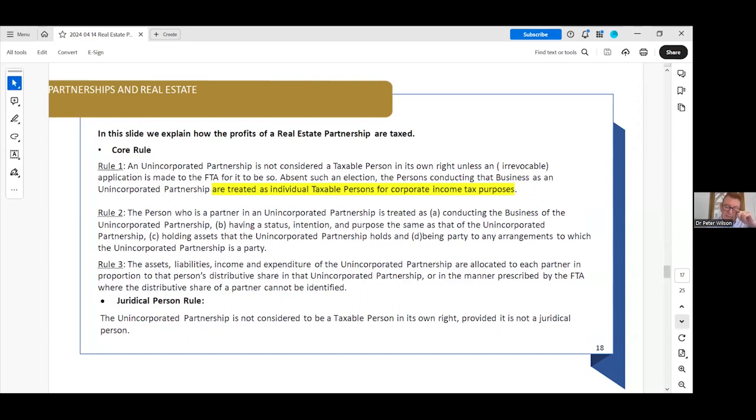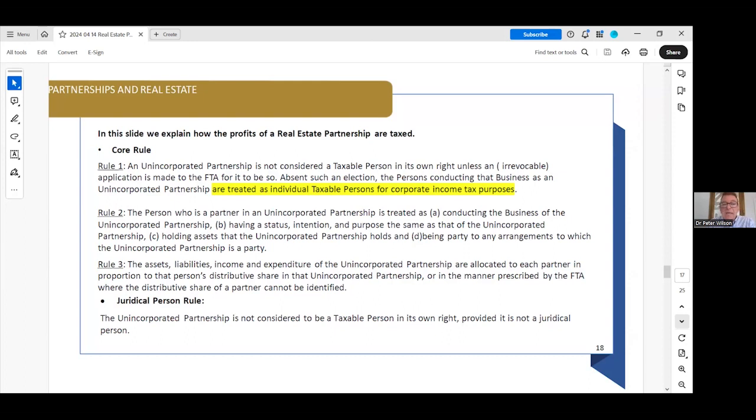So if we had 3 individuals all carrying on, all partners in an unincorporated partnership, then presumably that partnership could have a turnover of up to 3 million, because each of the partners would have their 1 million.